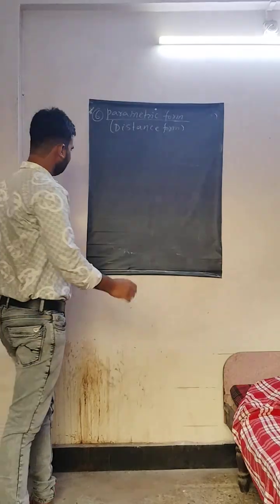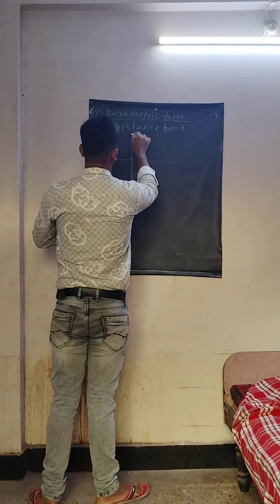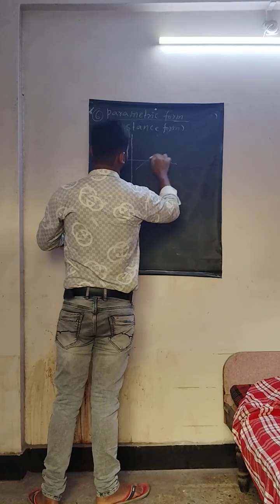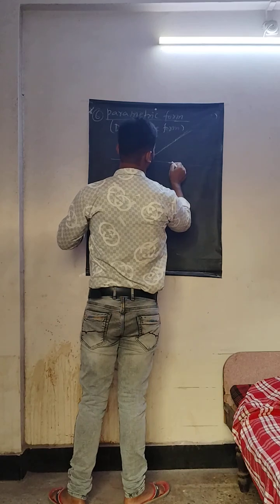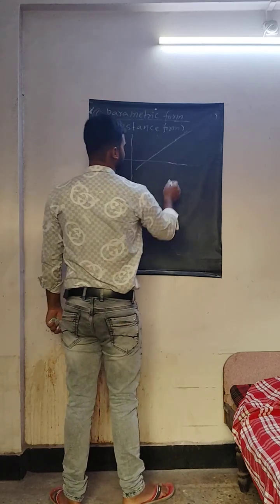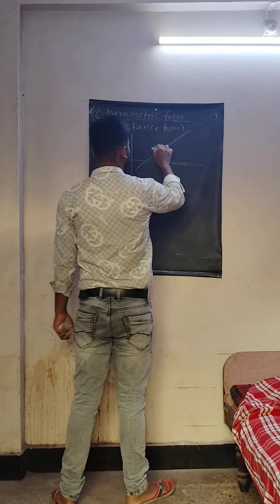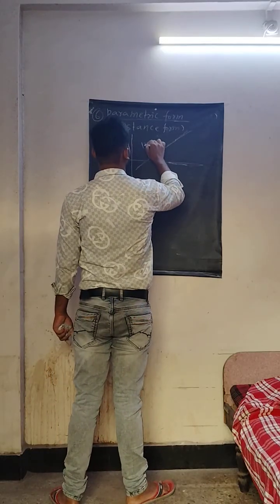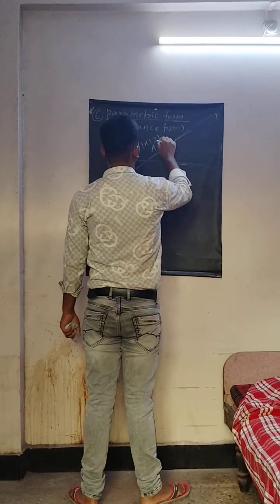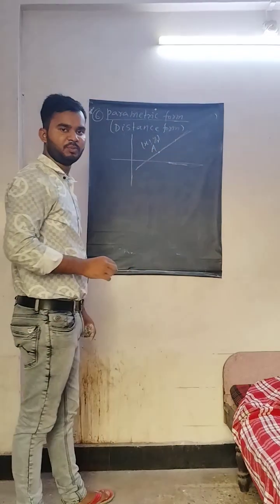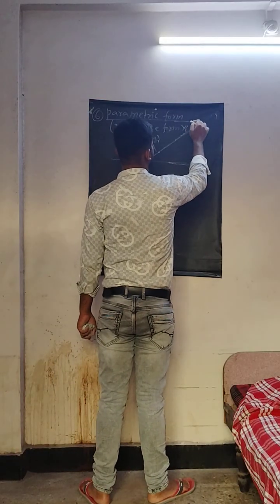Okay beta, here in parametric form, let point A be x1, y1, and I can take one point on the line, point P, which is x comma y.